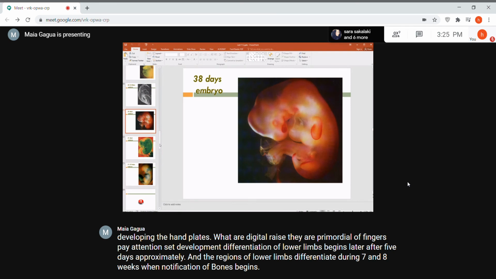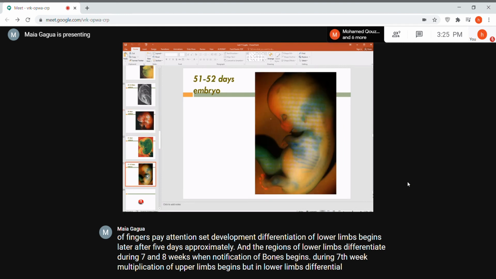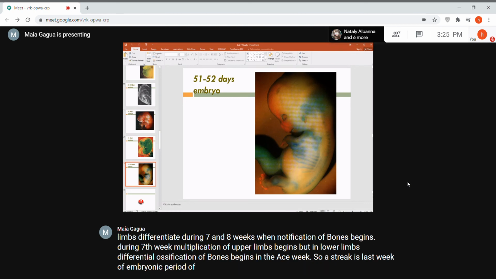During seventh week, ossification of upper limbs begins, but in lower limbs, ossification of bones begins in the eighth week. So eighth week is the last week of embryonic period of human development.